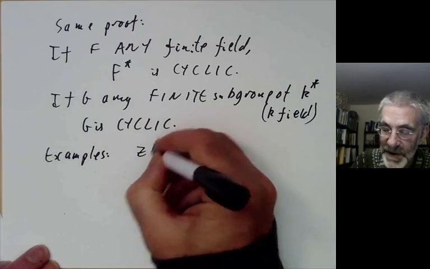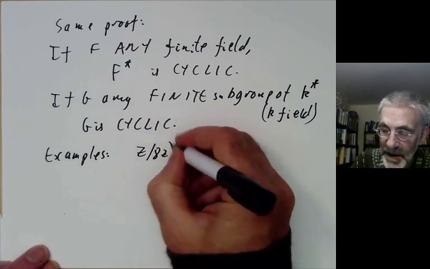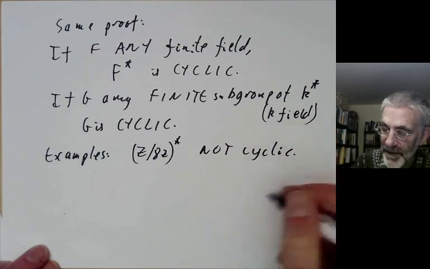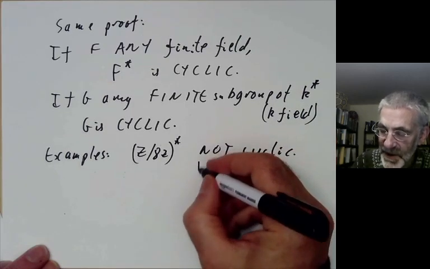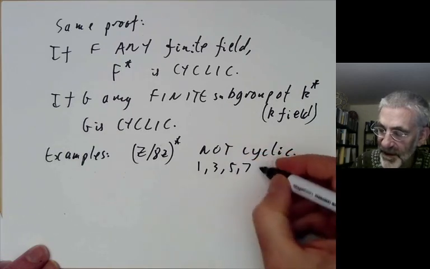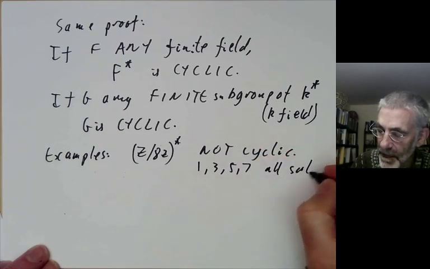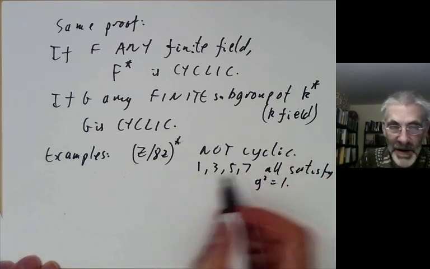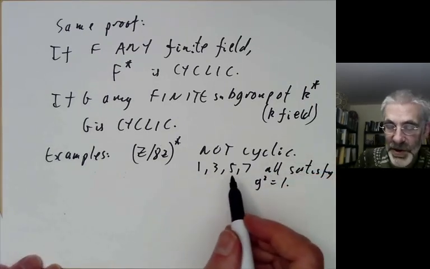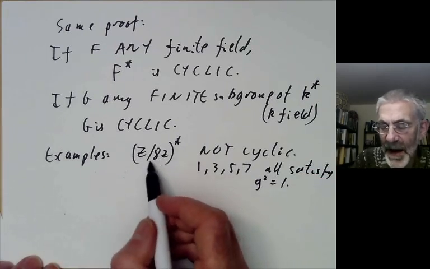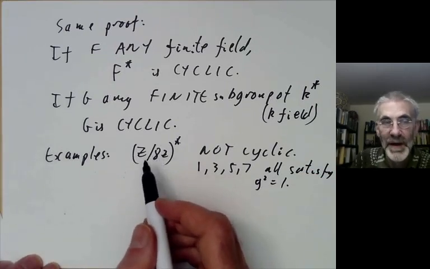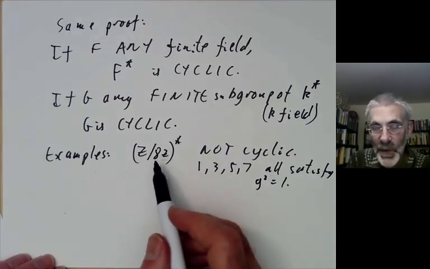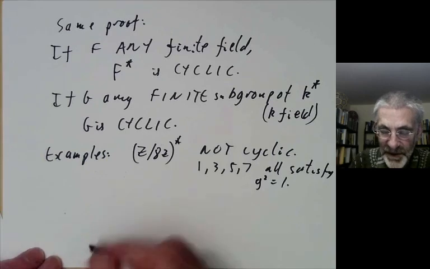For example, (Z/8Z)* is not cyclic because it has 4 elements, 1, 3, 5 and 7, all satisfy g squared equals 1, so it's actually a product of two groups of order 2. So we say that the number 8 has no primitive roots, and if you go to a number theory course, they'll probably tell you in great detail exactly which integers do or don't have primitive roots.